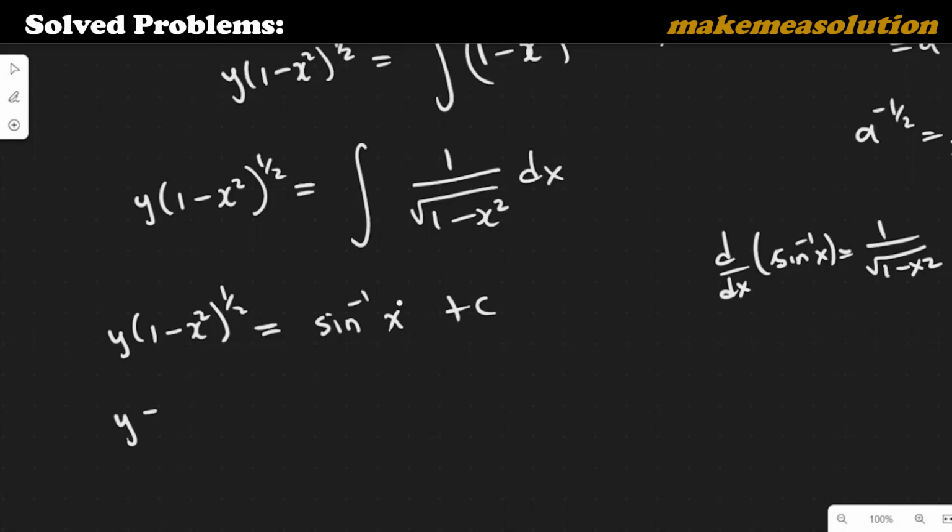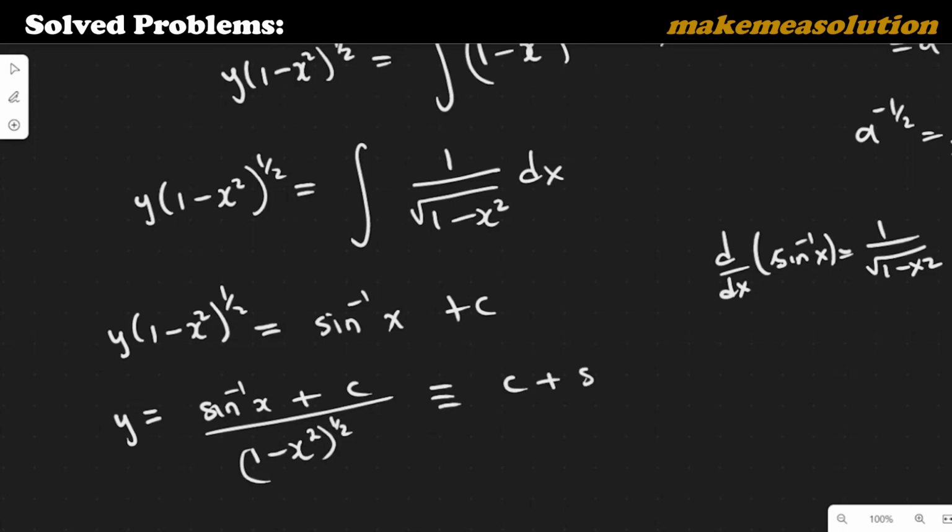So y at the end of the day is now going to be sine inverse of x plus c divided by 1 minus x squared raised to the power of 1 over 2. Or you can still write it as c plus sine inverse of x over root 1 minus x squared. So this is a good place to stop for this particular problem.